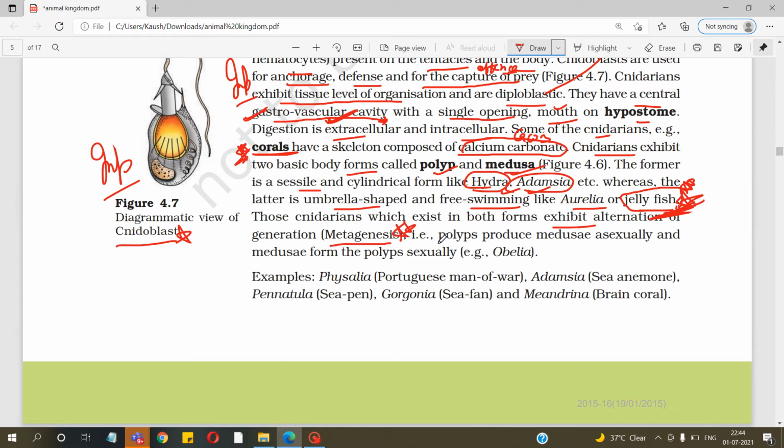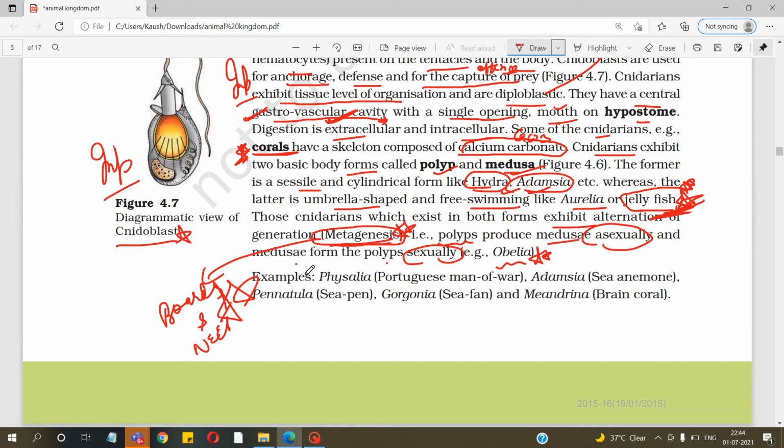So this polyp form will produce medusa asexually and medusa form will produce polyp sexually. You can see alternation of generation in Obelia. Very very important: polyp produces medusa asexually and medusa produces polyp sexually. This alternation of polyp and medusa form is called metagenesis. Very very important for boards and NEET. Okay, note it down.